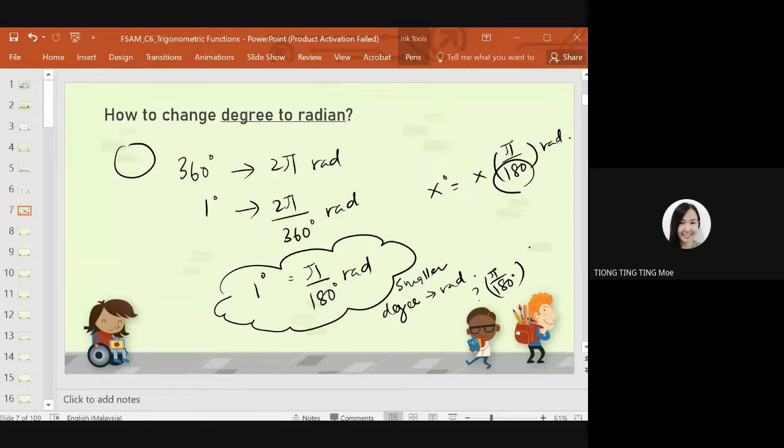And if radian to degree, it's the opposite, because the value becomes bigger, so it's 180 over pi, the opposite. Okay?